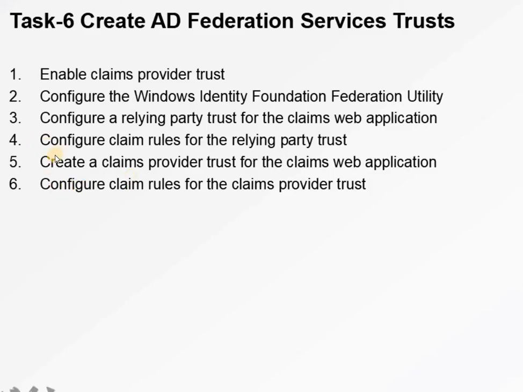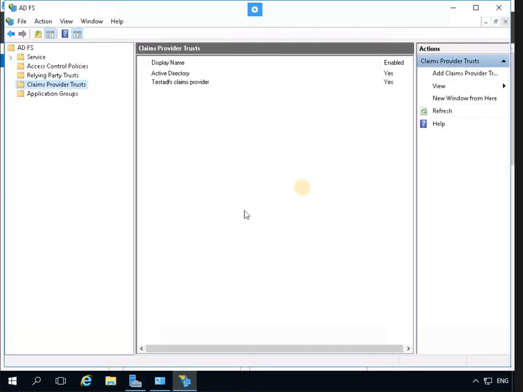We have now successfully completed creating the claims provider trust of the claims web application. So the last and final task, configure claims rules for the claims provider trust. Okay, so the claims rules define how claims are sent and used by the ADFS server. Claims rules are used by the account partner organization to provide claims to the users, and the claims that are acceptable by the resource partner organization.